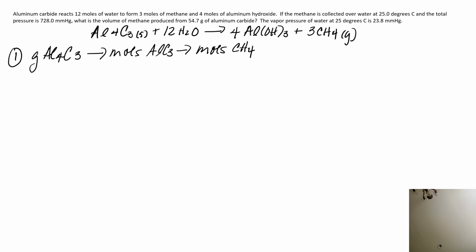Then we can use PV equals nRT to calculate the volume of methane produced by that mass of aluminum carbide. So we have 54.7 grams of Al4C3.